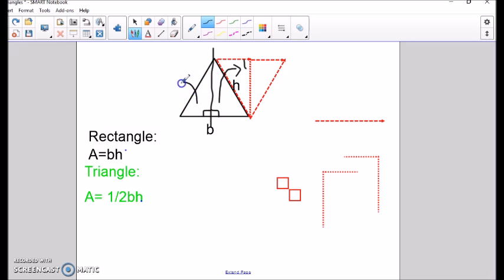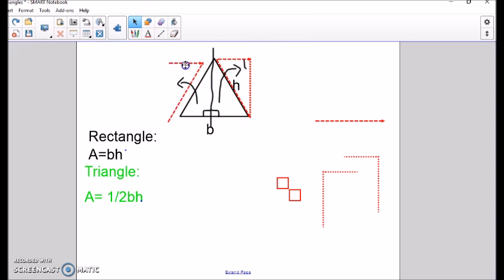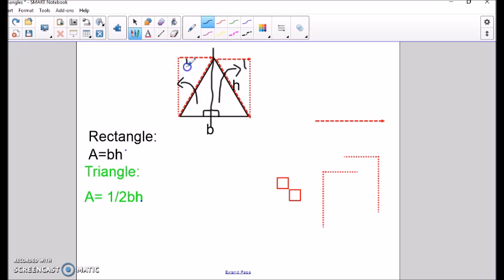We're going to take this side and flip it right here, so it's going to look like this if everything matches up. And then this is our other right triangle. So now we've made ourselves a rectangle, just like that, with our base and our height.